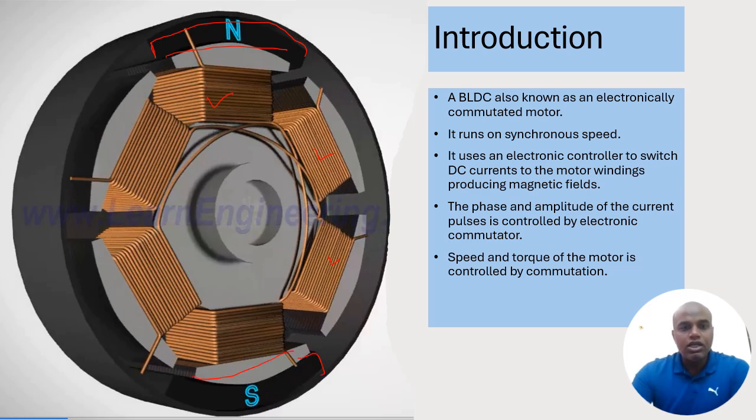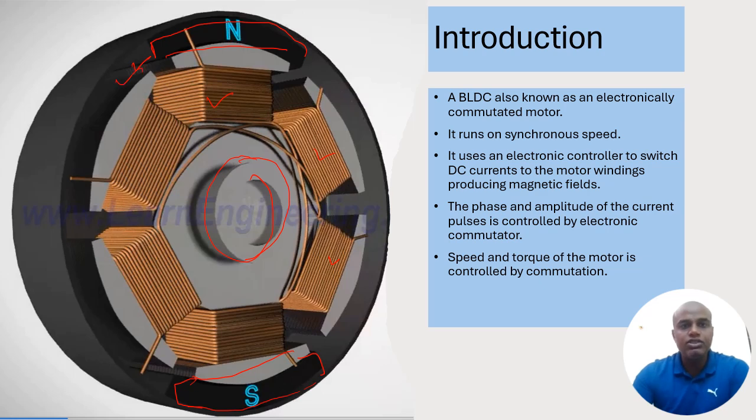In the previous slide we saw that the rotor was running inside the stator, but here the rotor surrounds the stator winding. So it also gives us two types of BLDC motor: one where the permanent magnet rotor is placed inside the stator winding, and the other where the rotor surrounds the stator winding.